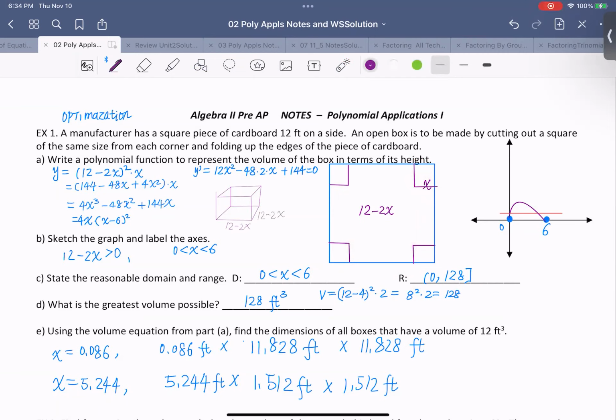So your base is going to be a square with side 12 minus 2x. And then your height is x. So based on this, the volume is (12 minus 2x) squared times x.